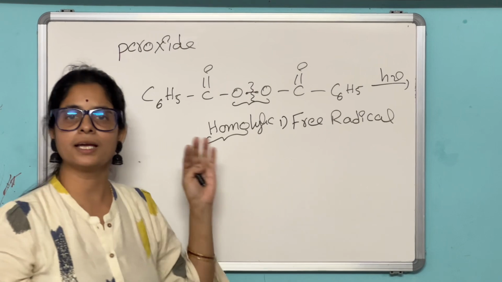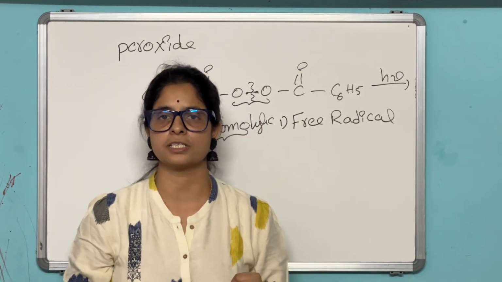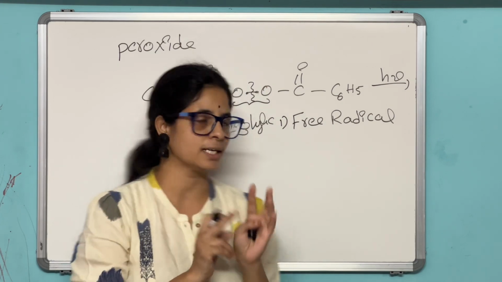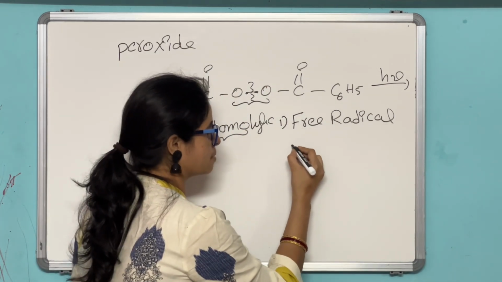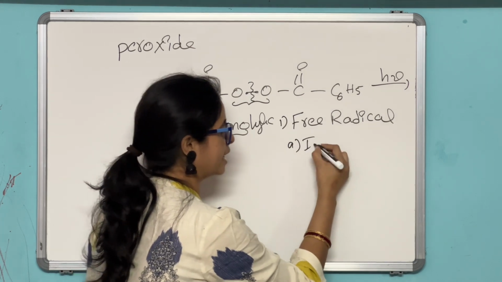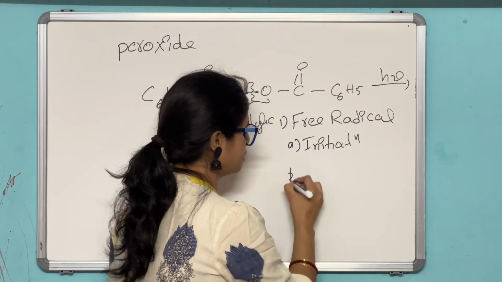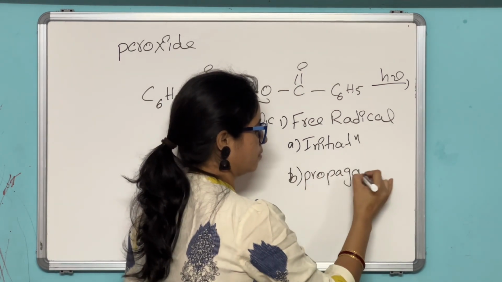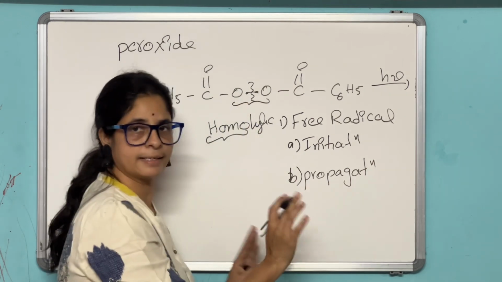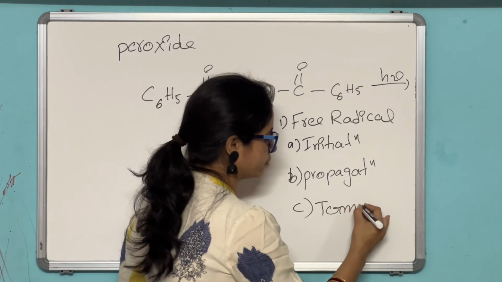Why here is Br added to the carbon containing more number of hydrogens? Because you remember the point here, free radical mechanism takes place via 3 steps. First one, initiation. Second one, propagation. Just briefly I will discuss here. And third one, termination.